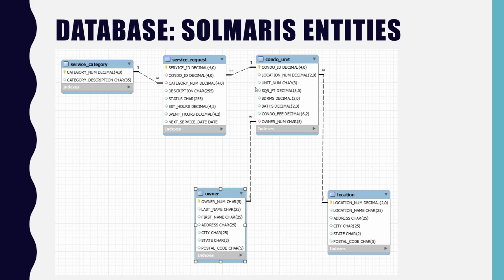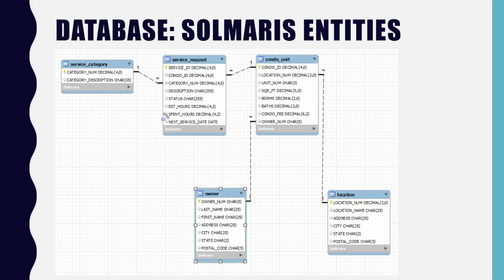It's not really connected to the condo itself. If we were to get rid of the service request table there in the middle, you would never really have a service category to condo unit bridge. The service category has nothing to do with the condo itself. It has everything to do with the actual service request. So it really isn't a bridge table in this scenario, okay?